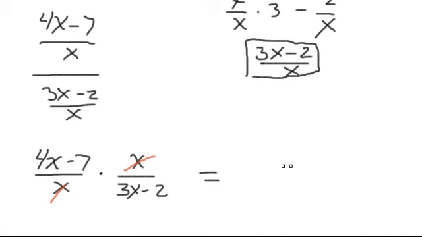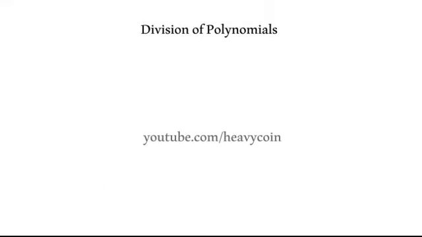And I end up writing this as 4x minus 7 over 3x minus 2, and that's as far as we're going to be able to get. Alright, simplified down. We are moving along.